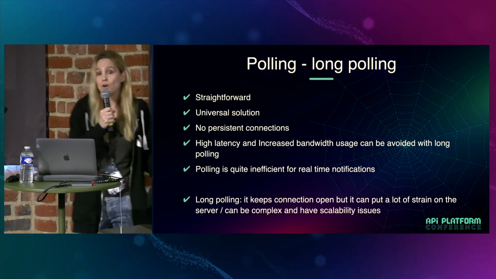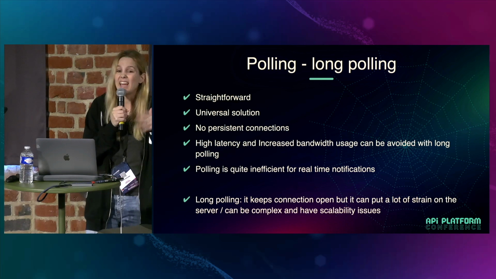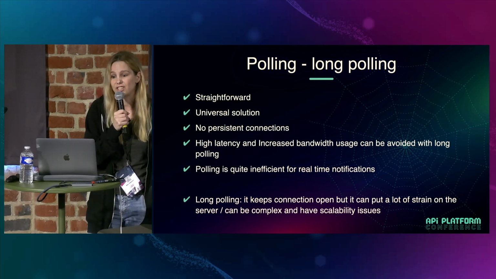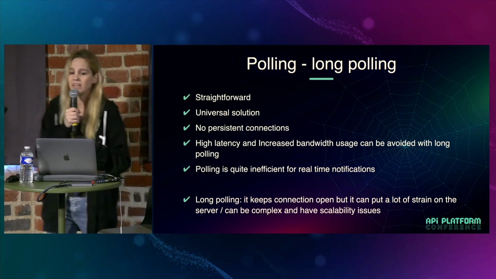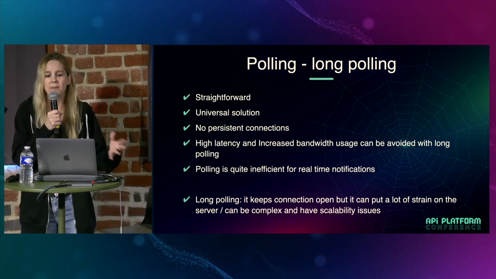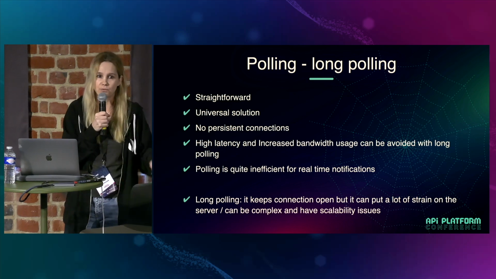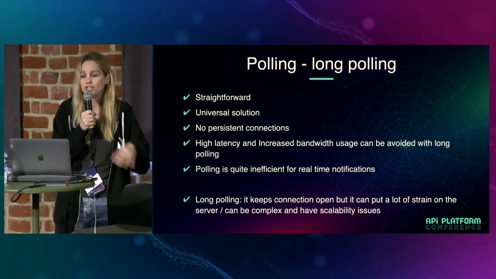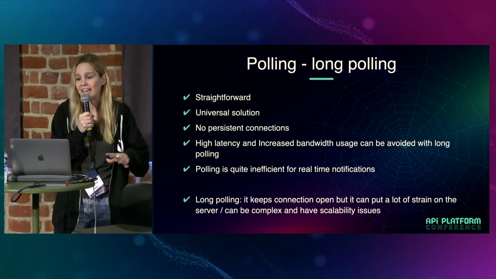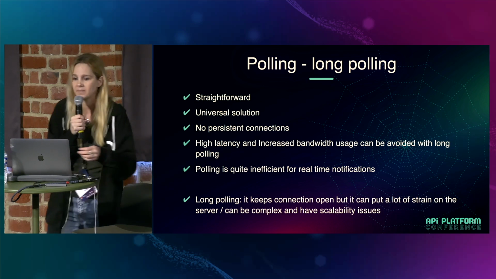Poll too often and you will stress the server. Poll too rarely and you will have outdated data. So, a very complicated balance. It can also mean wasted bandwidth and server resources, and it's completely inefficient for real time because it's based on periodic checks. So you will always have some delays, or you might be extremely lucky, but let me know.